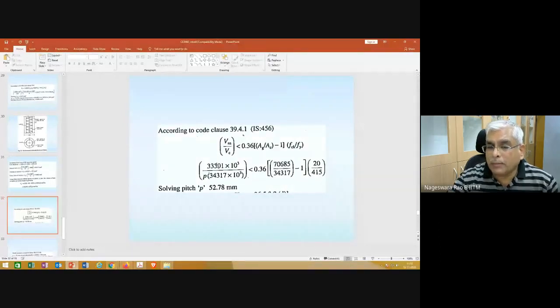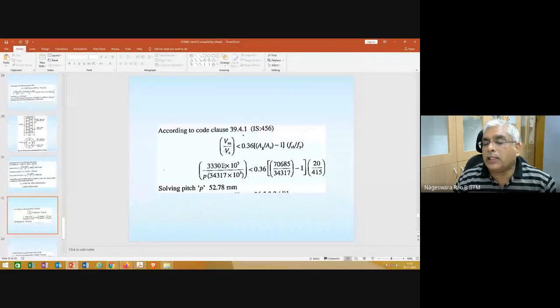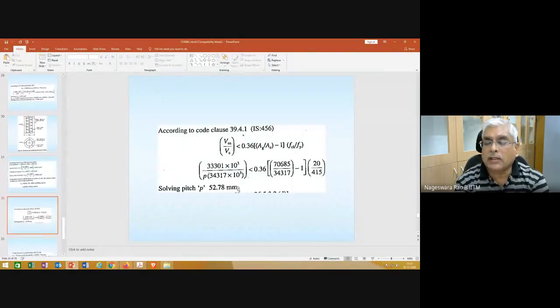Here pitch is unknown, so we can use this relation to back calculate what the pitch should be. Solving, we get pitch is 52.78.